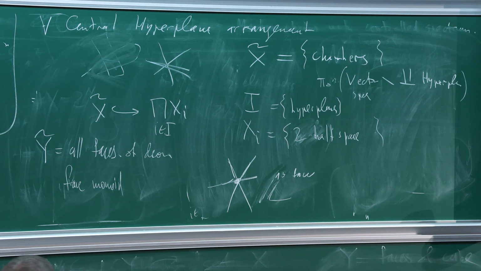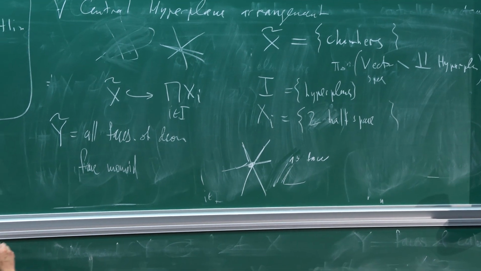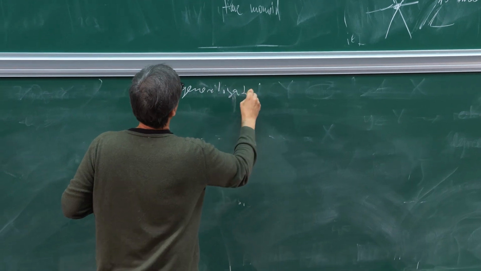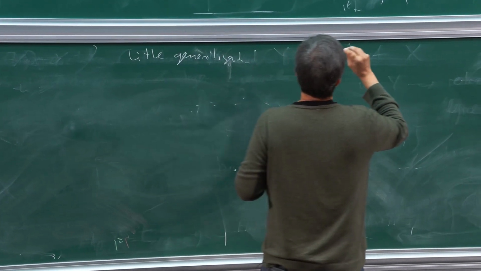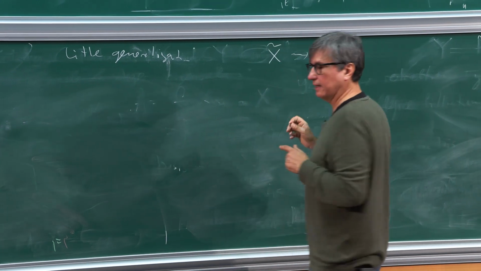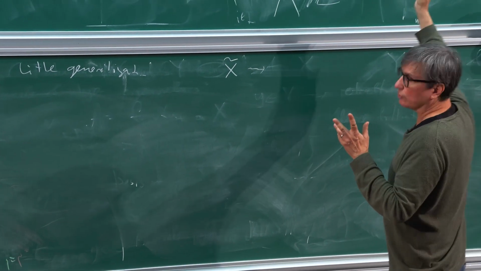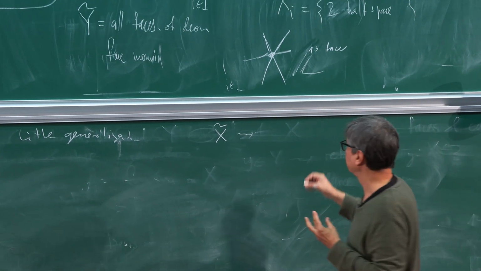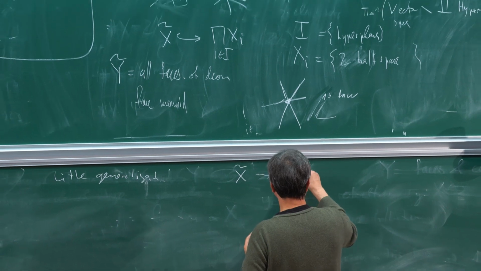So you get phase monoid, and already here is this little generalization. Instead of x, I consider not all chambers, but chambers in any convex cone, a smaller set.